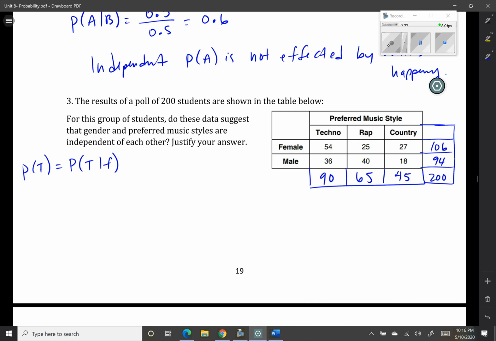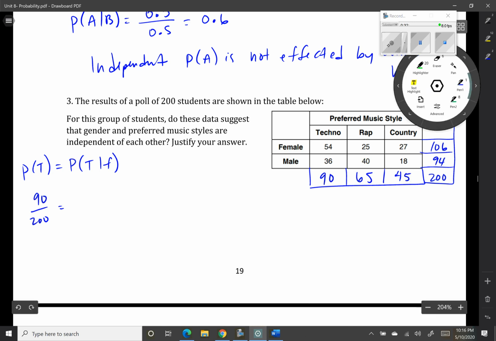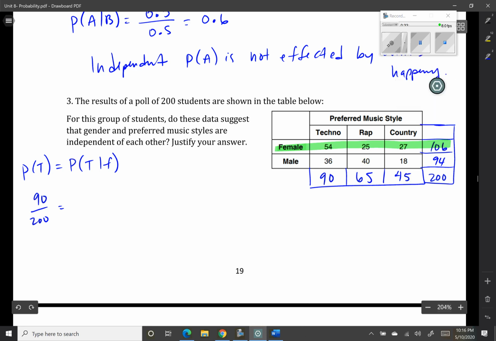So out of the techno people, there were 90 out of the total 200. And out of the females, if I just look at the female column here, since we chose to use female as our gender, I'm only ever really looking here on my chart to do my conditional probabilities. So we have 106 females and 54 of them like techno. If these two numbers are the same, that means that they're independent. If they're different, that means they're not independent.